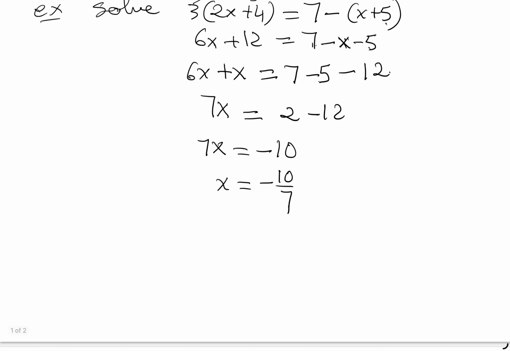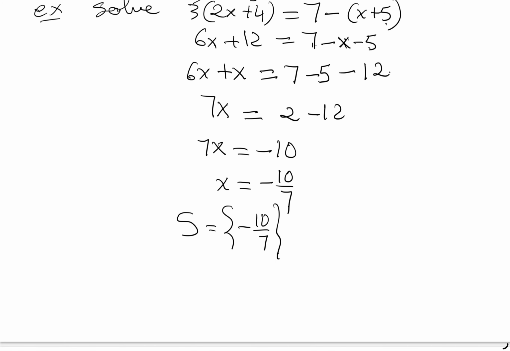Now, the way you write down the solution, you can leave it like that. That's okay. But the best way to write down the solution is to say S is, you have to write down the solution in the form of a set. S is the set of negative 10 divided by 7. Okay? That's how you write down the solution. The solution does exist, so that's how you write the set.